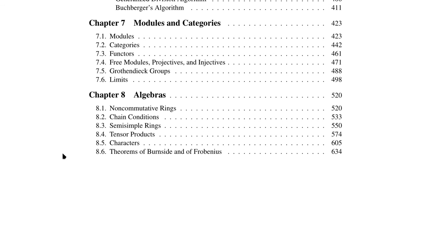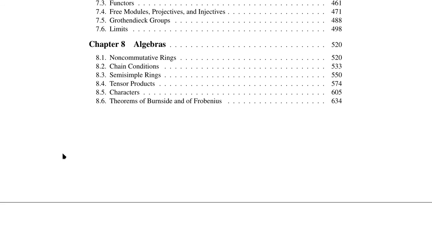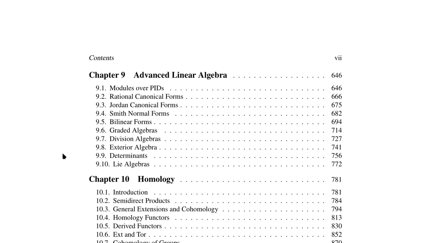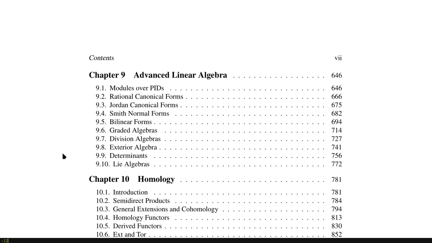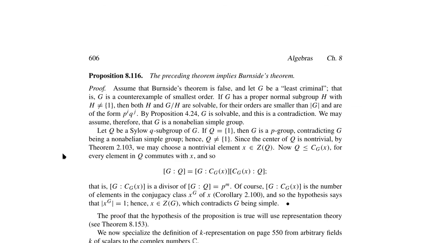Okay, so that was that theorem of Burnside and Frobenius that he has a whole section on. On page 620, there's another version of Burnside's lemma, which looks very much like this one.